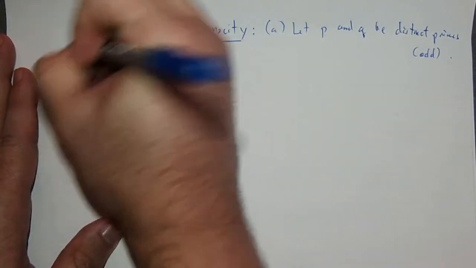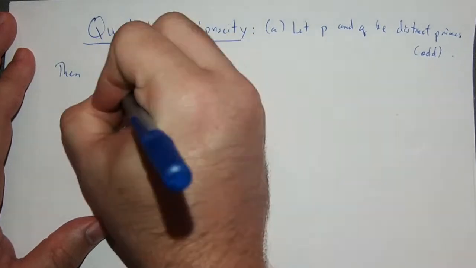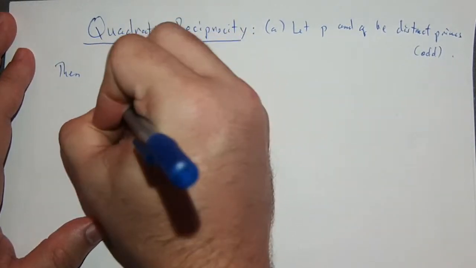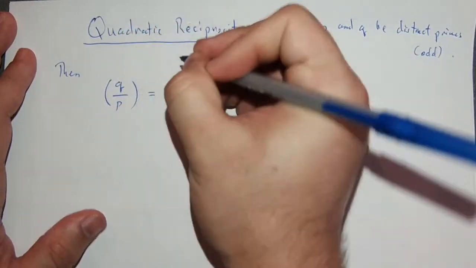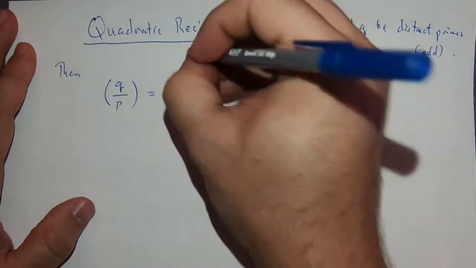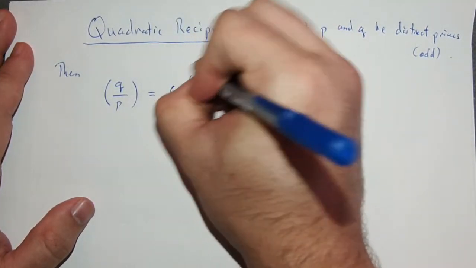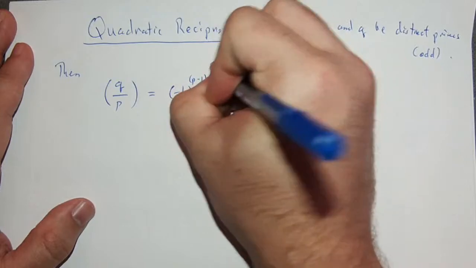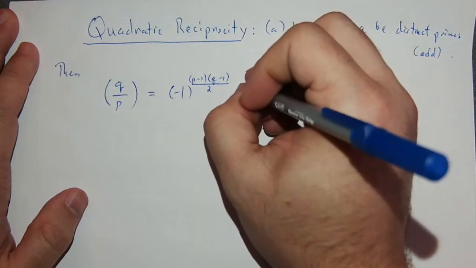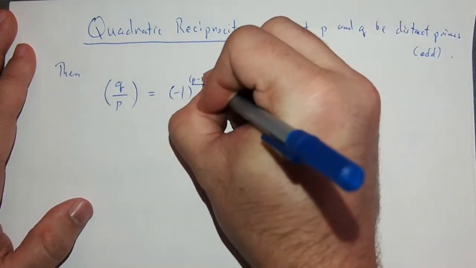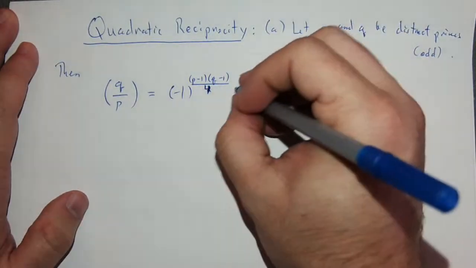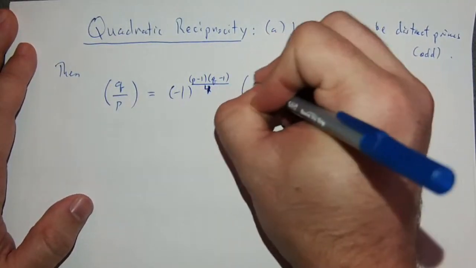Then Q on P is equal to minus 1 to the P minus 1 times Q minus 1 over 2, or sorry, not over 2, over 4. Yeah, that's key. Times P on Q.